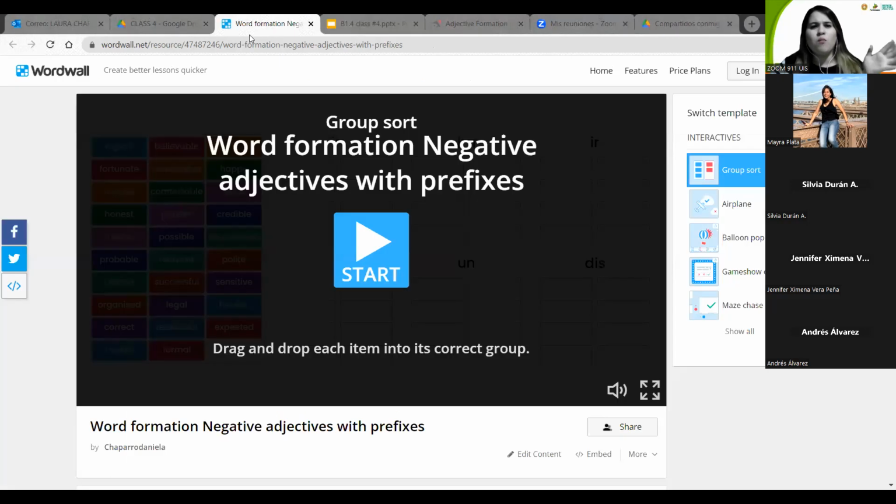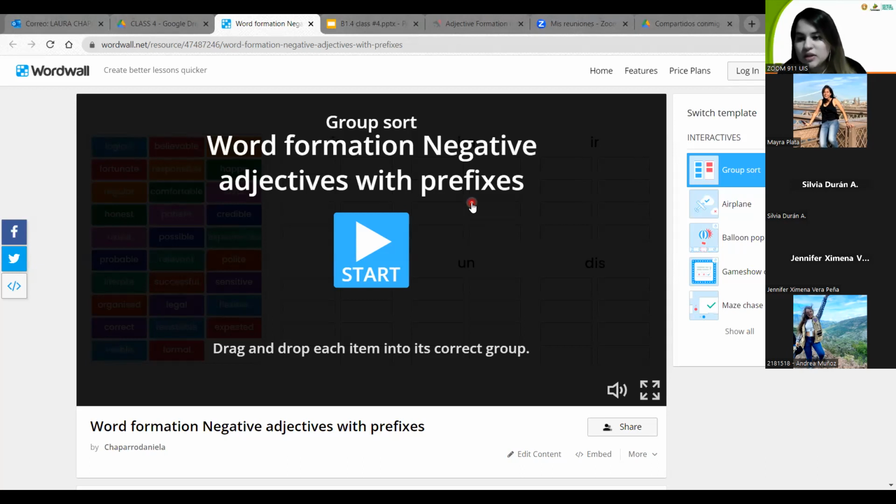More like a review. So this is a group sort: word formation, negative adjectives with prefixes. What is a prefix? Any ideas? Some words that you put before the adjective to change the meaning.